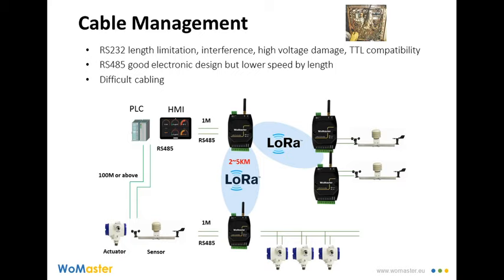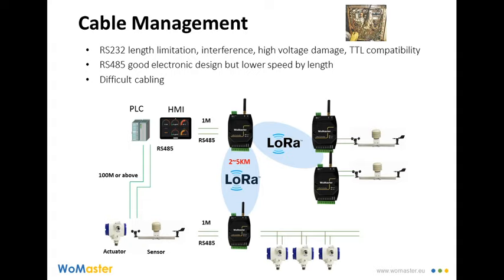Moreover, in this LoRa network, each device has its own Modbus ID from 1 to 250 and cannot be duplicated. In this way, users don't need to modify the software of the application layer for the cable replacement.